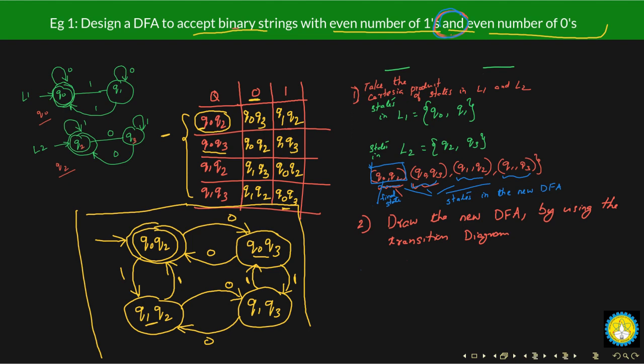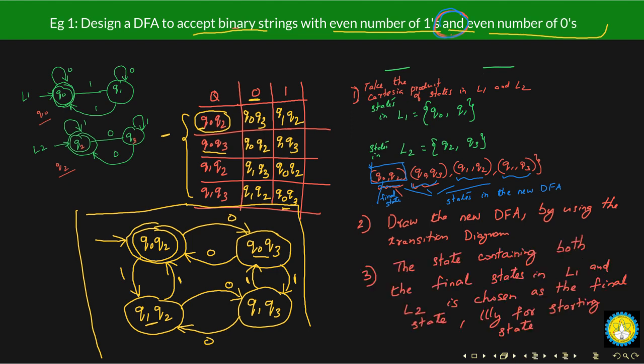The first thing you need to do is take the Cartesian product of the states in L1 and L2, and then draw the new DFA using the transition diagram. Also, you have to identify the starting state and final state, which will be the combination of the starting states and final states in L1 and L2.